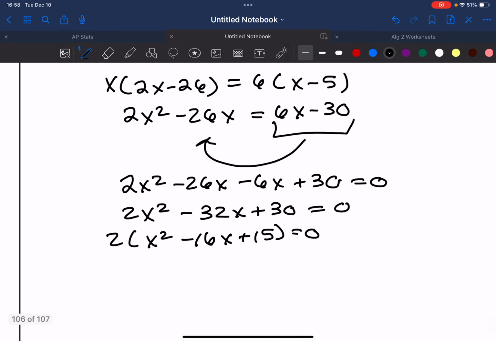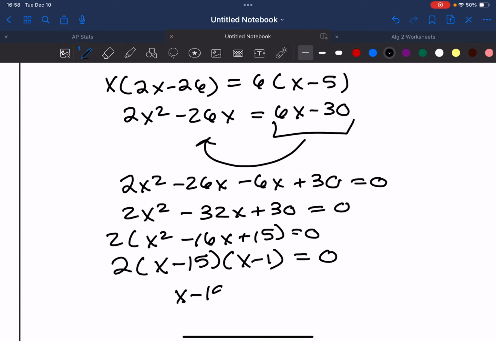And then I can factor this using the AC method, and I get x, so two numbers that multiply to 15 but add to negative 16, so that'd be negative 15 and negative 1. So I have x minus 15 equals 0, which means x is equal to 15, and x minus 1 equals 0, which means that x is equal to 1.